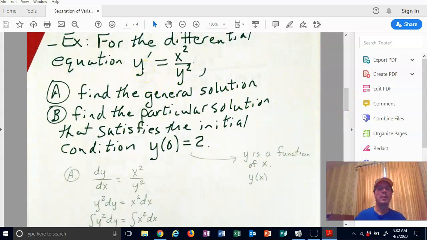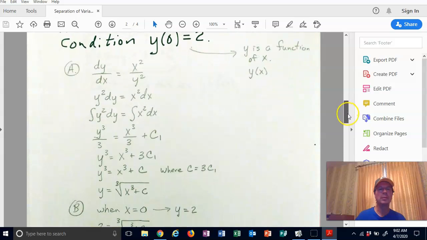All right, so first off, take your y prime and make that dy dx equals x squared over y squared, and that's what we have right here. At this point, on the left side I have dy's and dx's, on the right side I have x's and y's. What I'm going to do is, in this case, cross multiply. So I'll multiply the y squared by the dy and the x squared by the dx.